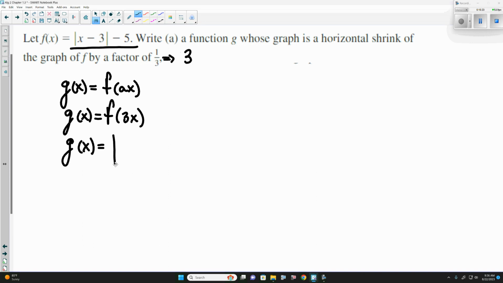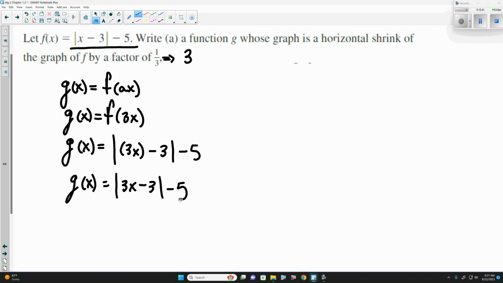So we'll still have the absolute value bar, 3x minus 3, minus 5. And we can simplify a little bit, which just really means removing the parentheses. So we get this here.